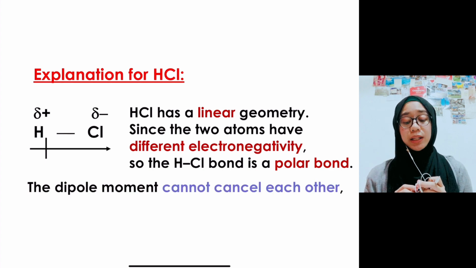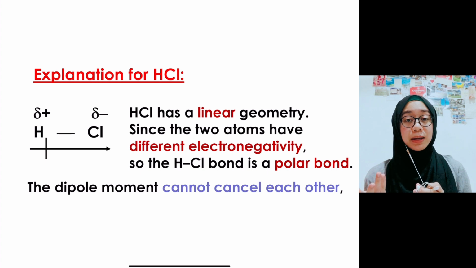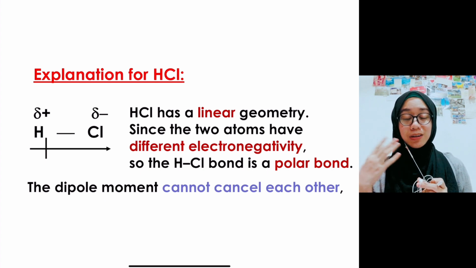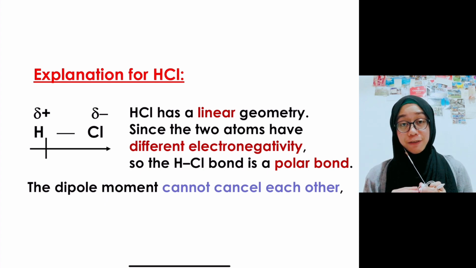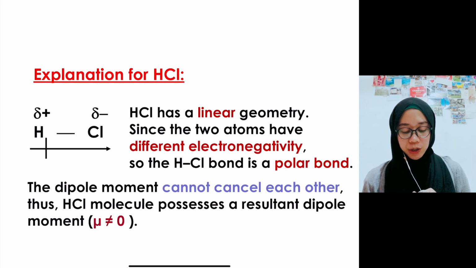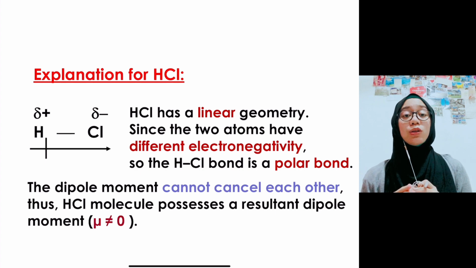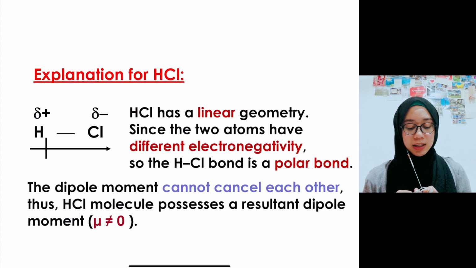The dipole moment cannot be cancelled off. Okay, so tak ada dipole moment yang boleh cancel pun. Sebab kita ada satu je dipole moment, so there's nothing untuk cancel off yang satu tu. So therefore the mu, okay, the resultant dipole moment of HCl molecule does not equal 0. Okay, so the HCl molecule possesses a resultant dipole moment.